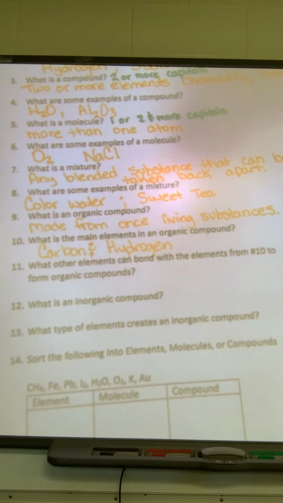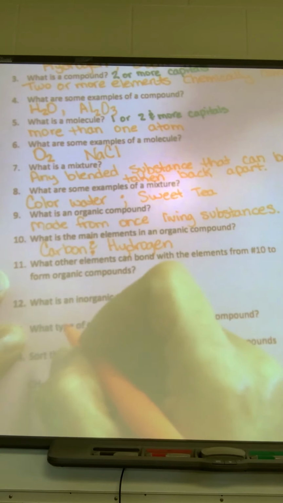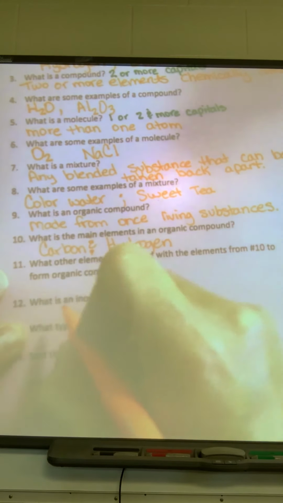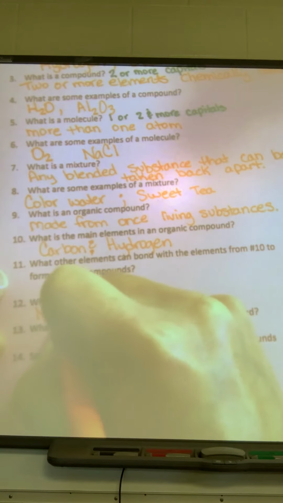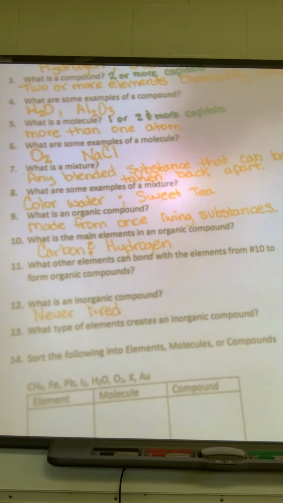And inorganic, so I'm looking at number 12 here. I'm just going to skip down. An inorganic compound was never living. So it never lived. All right, what types of elements create inorganic compounds?